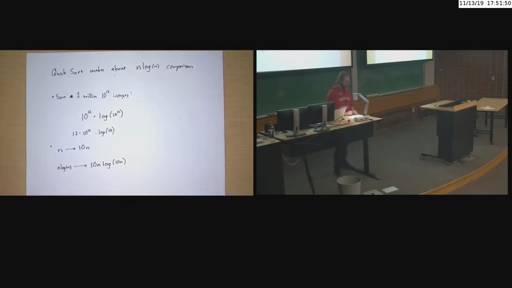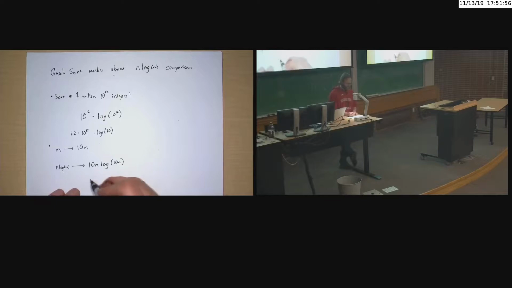No squared factor here, but we need to figure this out a little bit. So 10n, what can I do with this log? Log of 10n. It's multiplication in here, so if I separate them out, log of n plus log of 10.